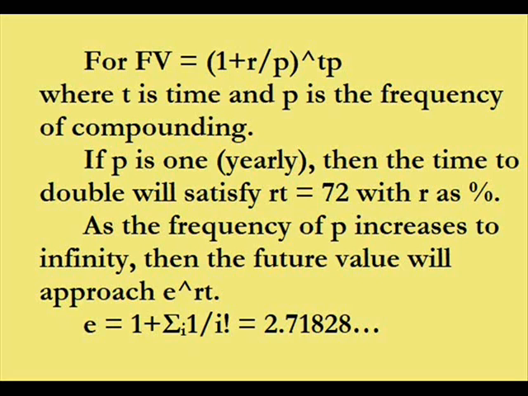The product will always equal 72 if it doubles. Nice shortcut. In any case, if you increase the frequency, from yearly to quarterly to monthly to daily to instantaneously, it turns out the future value will equal e to the RT power, where R is again a decimal. That's really kind of nifty.